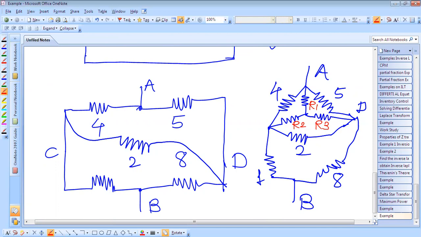Now we have to convert delta into star. So this R1 is nothing but 4 into 5 divided by this resistance 4 plus 5 plus 2. Okay.